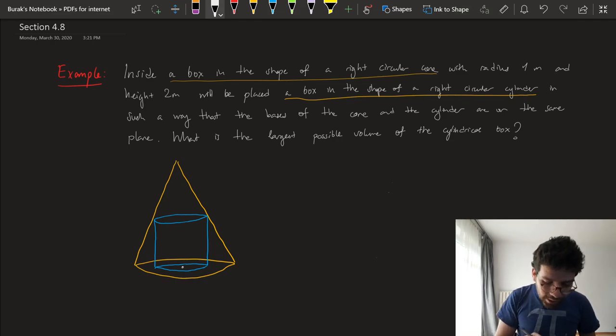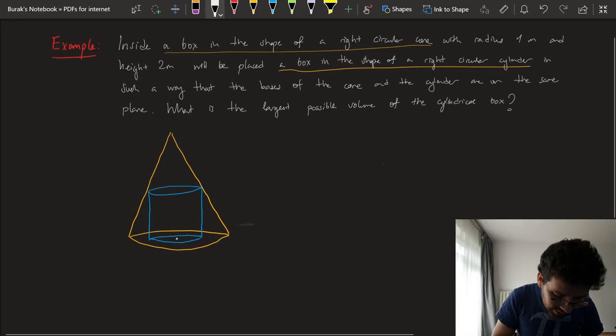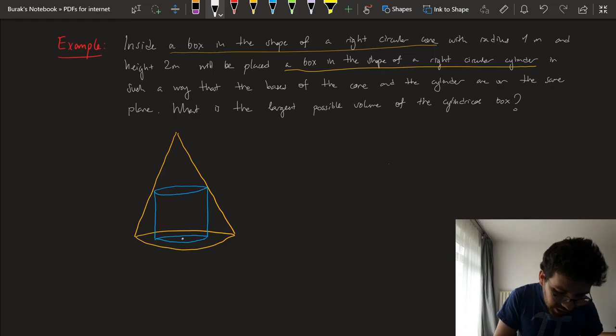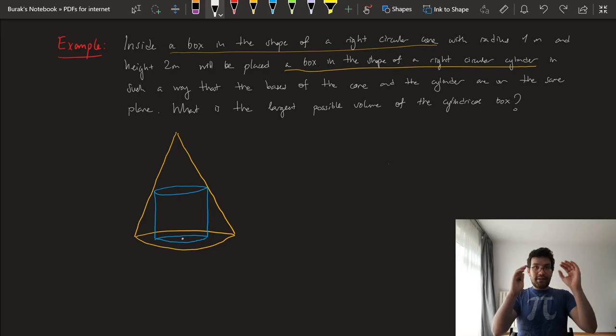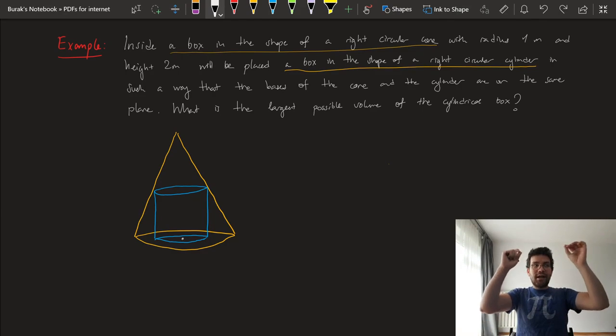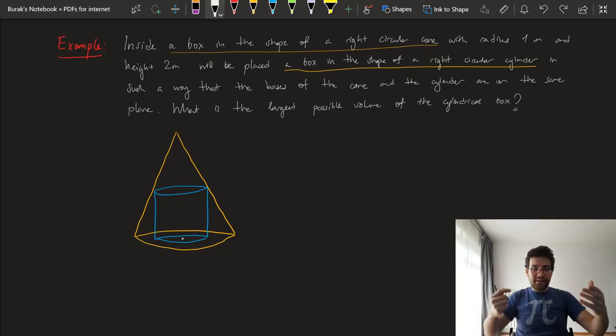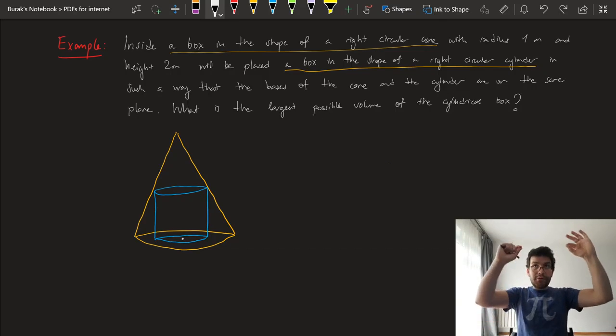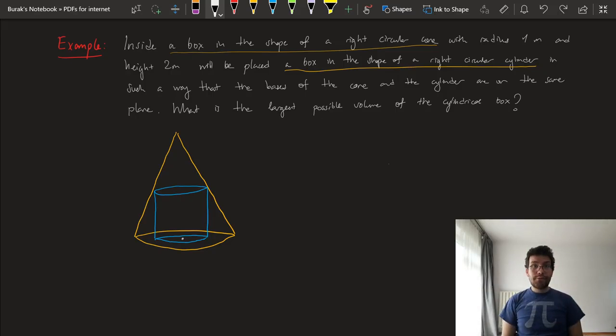Okay, and why did I draw this in such a way that this cylinder touches these sides of the cone? Well, otherwise, if the cylinder does not touch, I can slightly enlarge it and I will get a bigger cylinder. So if I am to find the largest possible cylinder, then first of all I should align the centers of the bases, and I should just make the cylinder as large as possible, meaning that its tips over here should touch the sides of this box.